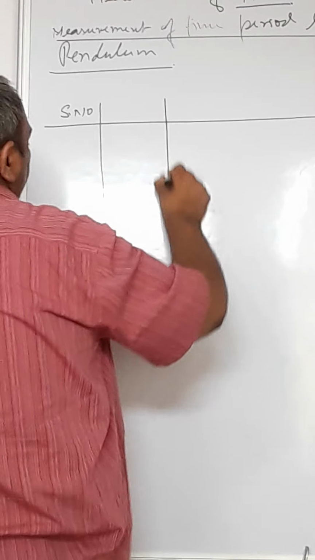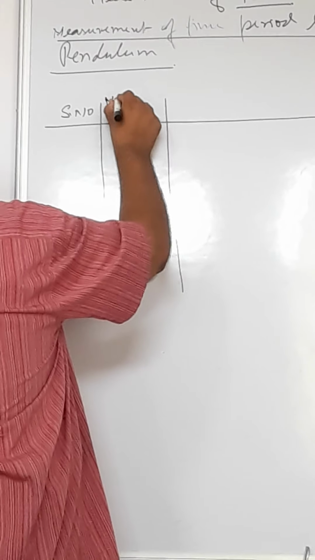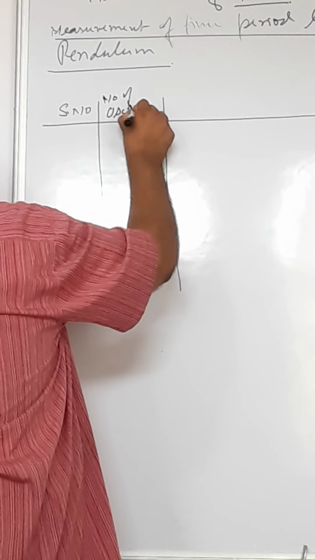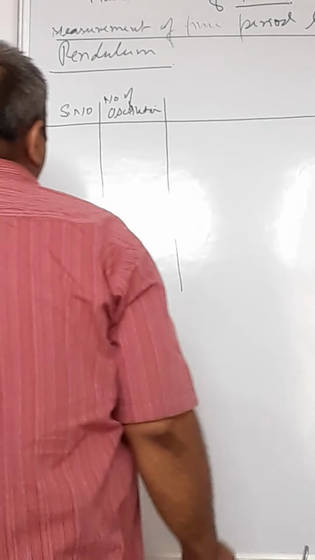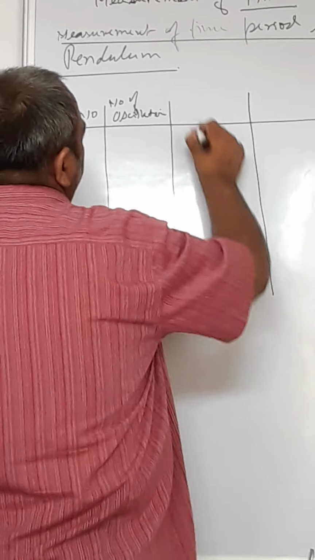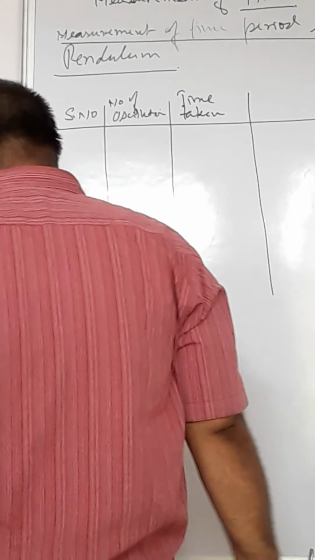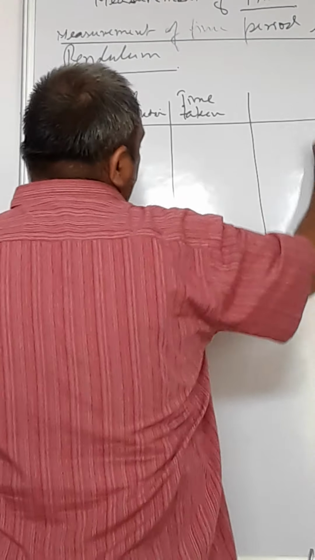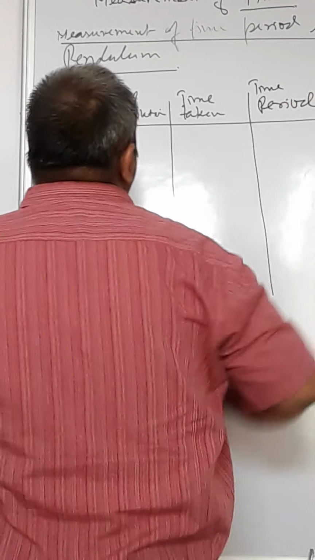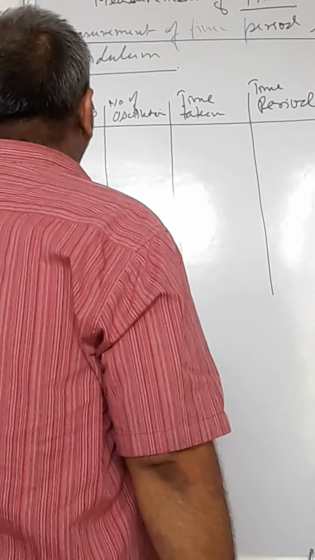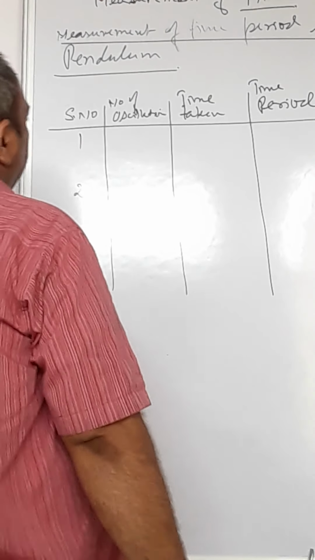Serial number, number of oscillations. Third column, time taken, and fourth column, time period. Serial number, if I have taken readings, 1, 2, 3. Number of oscillations.